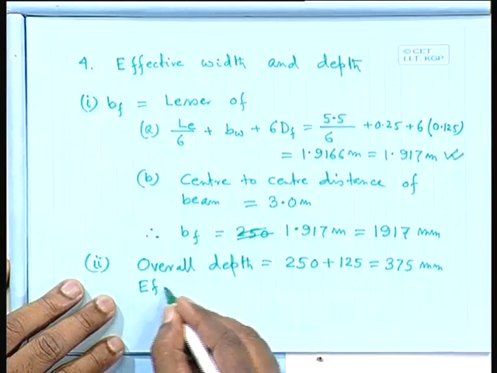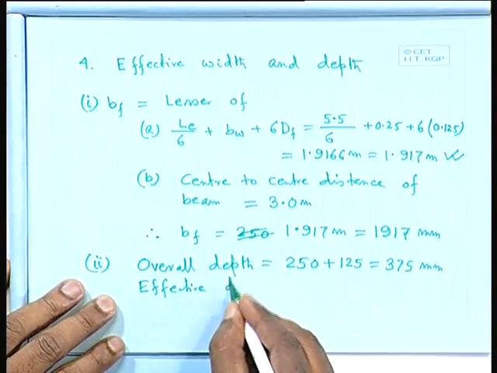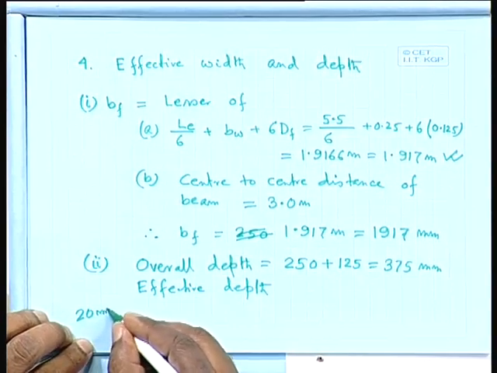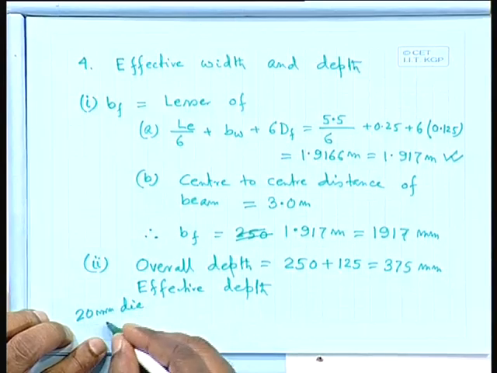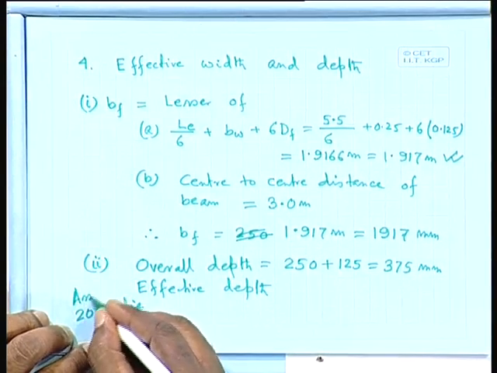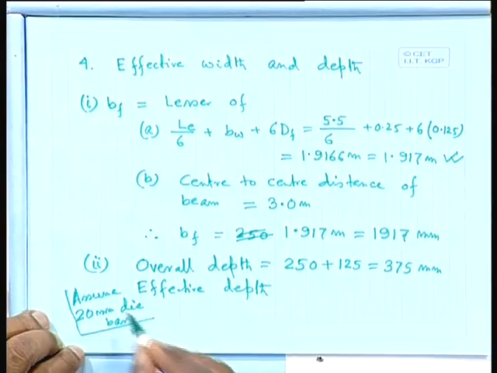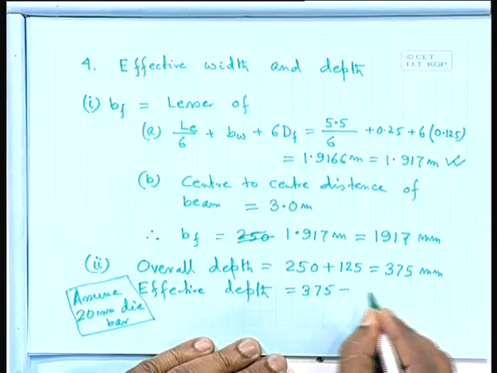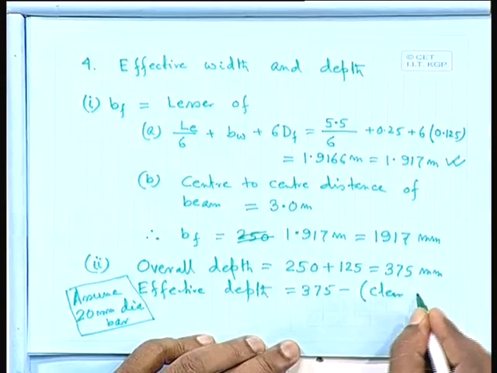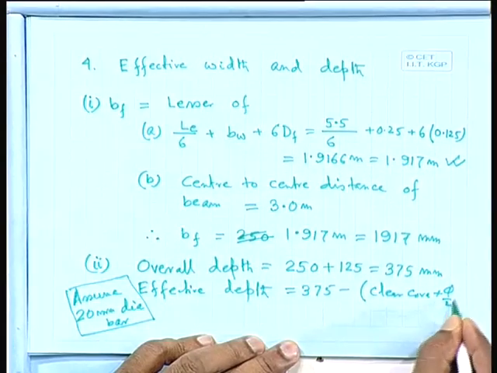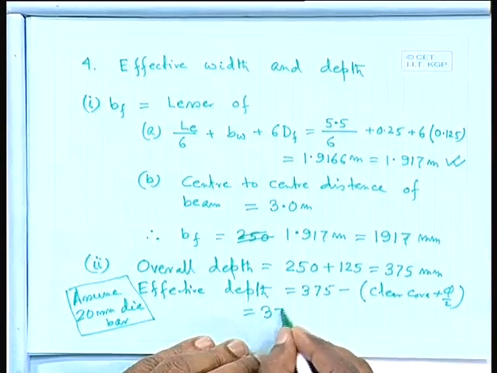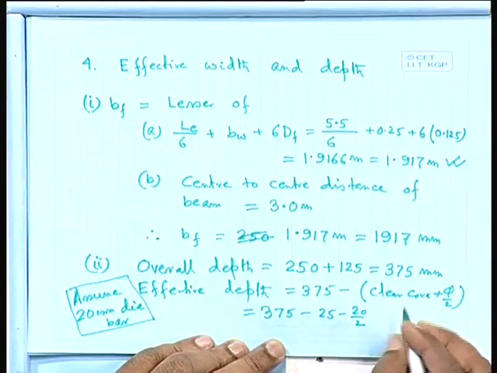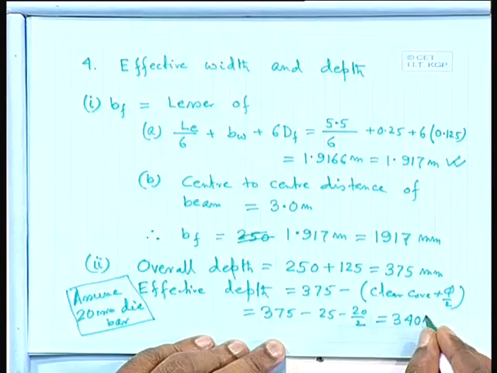Effective depth: assume that we shall provide 20 mm dia bar. So, effective depth equals 375 minus clear cover 25 minus 20 by 2 equals 340 millimeter.